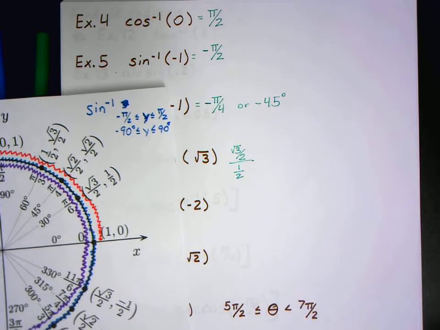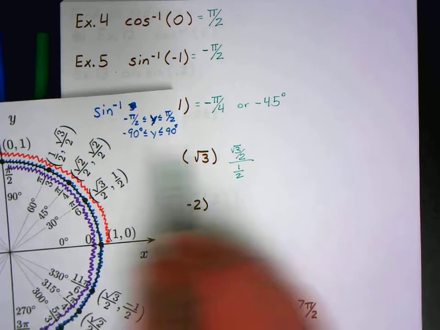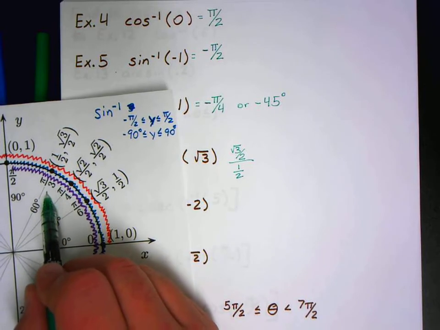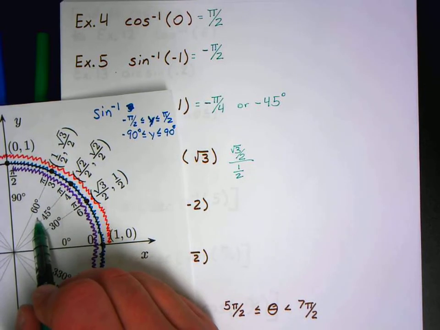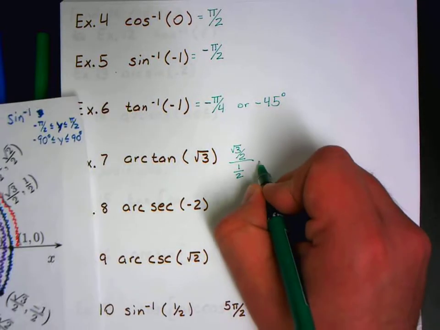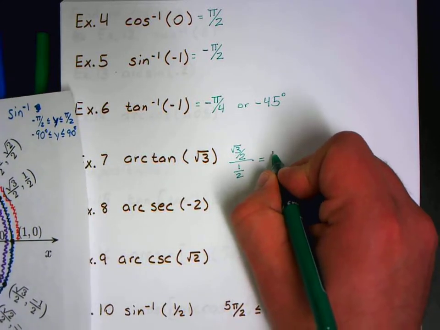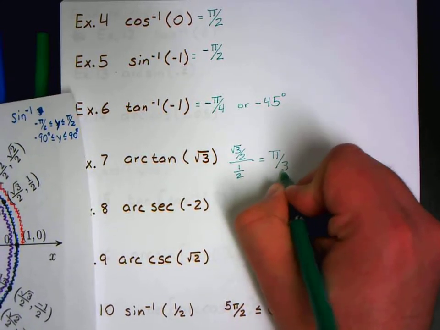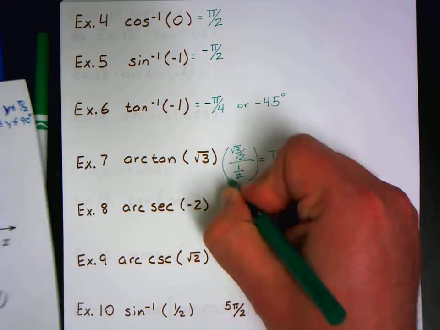So that means my y value has to be radical 3 over 2, so that would give me pi over 3 or 60 degrees. So that's why tangents are a little bit harder.